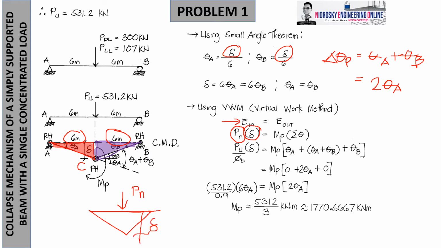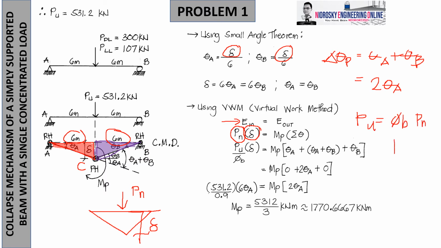Why nominal? Kasi as of the code, sabi diyan, a collapse mechanism can only be found at nominal state. So hindi siya actually ultimate state ano? Pero in correlation to ultimate and nominal, don't forget that the ultimate equals phi of bending times the nominal.